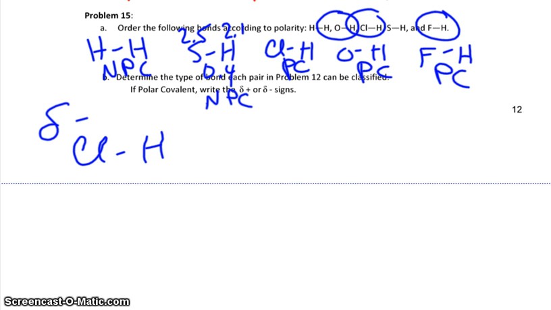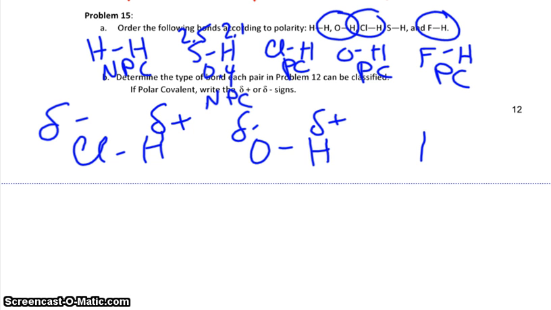Because electrons are negatively charged, it's going to put a partial negative on the chlorine, leaving the hydrogen partially positive. You'll notice that the same thing is true for the oxygen. And the same thing is true, oops, I forgot the F, for the hydrogens. Okay? So hopefully that answered that question.